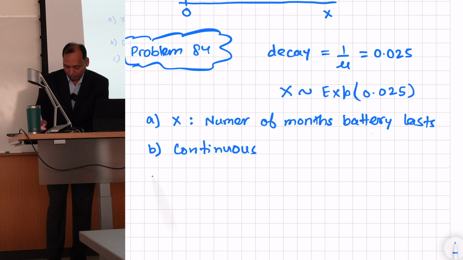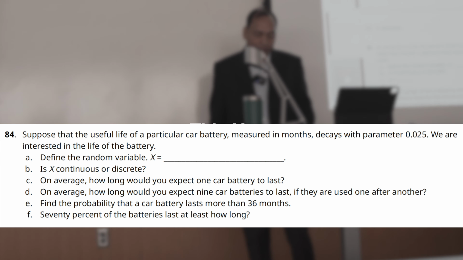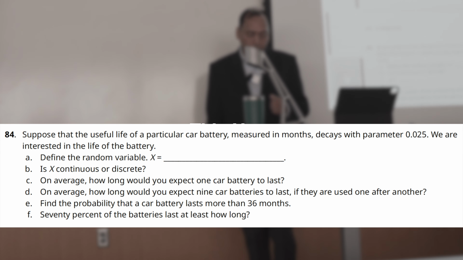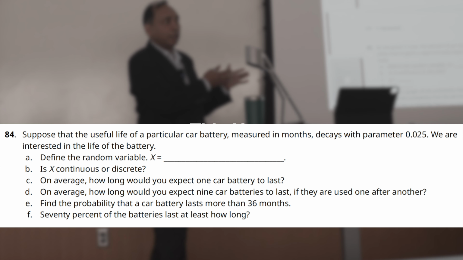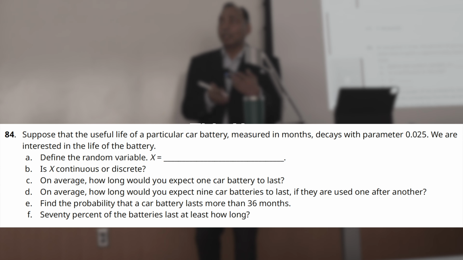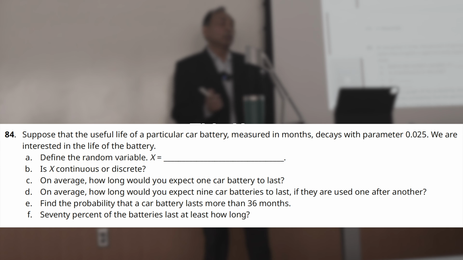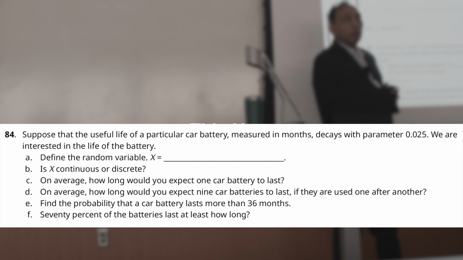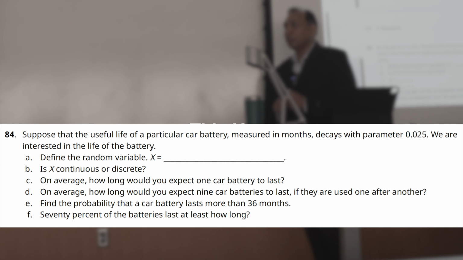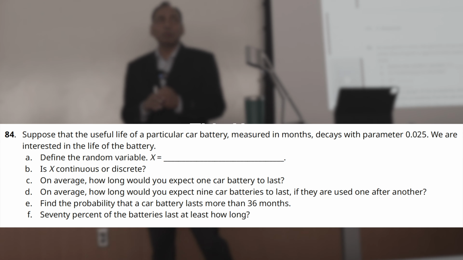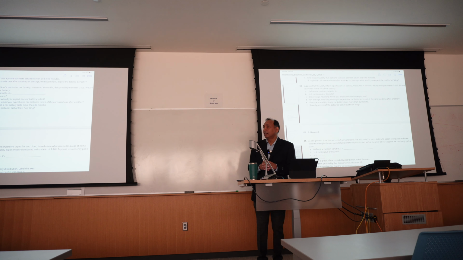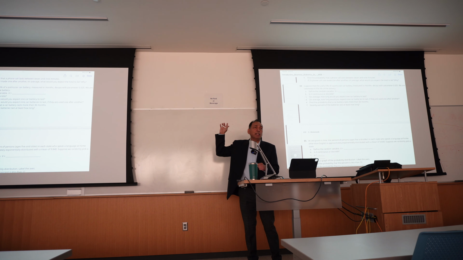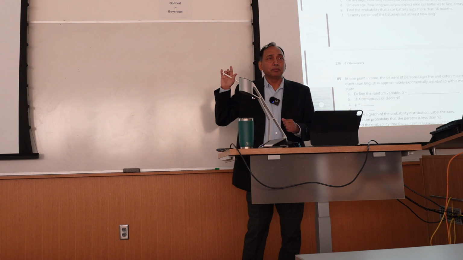C. On an average, how long would you expect car battery to last? Question itself is telling you what it is asking, average. So how do you find average for exponential distribution? We know that the decay parameter is 0.025.